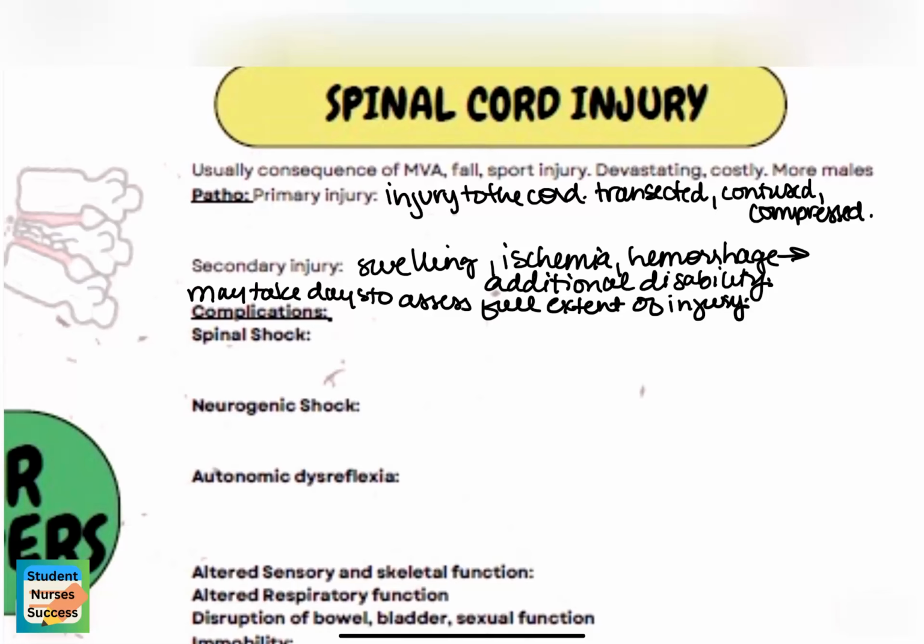In a spinal cord injury, the degree of loss of function corresponds to the level of the spinal cord injury.